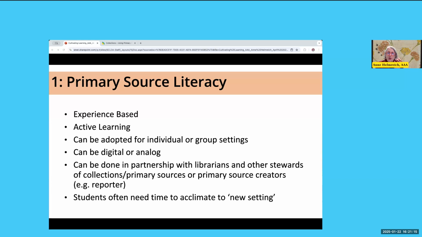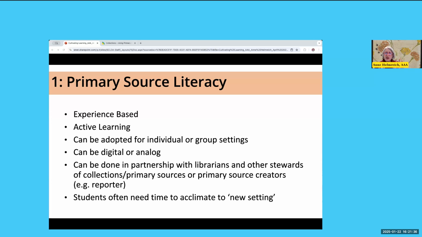I will say one thing that I've learned, and we'll talk a little more later about lessons learned. If you decide to take the students to a library or a museum, I love it, we love hosting students here, but I always try to remember to include time for acclimating the students to a new setting.